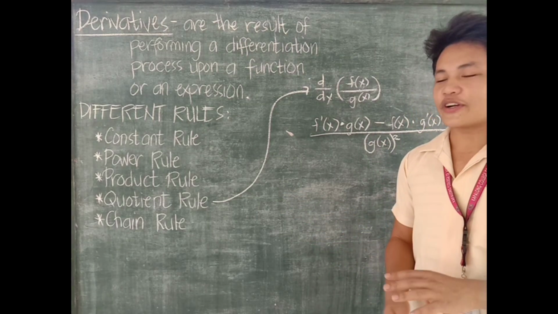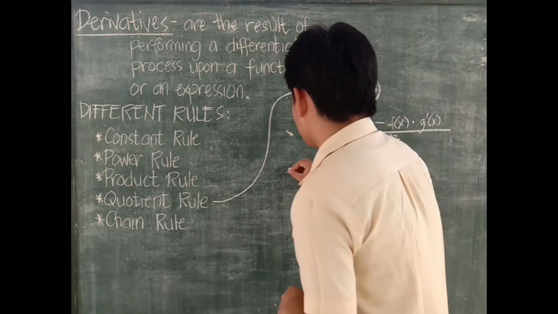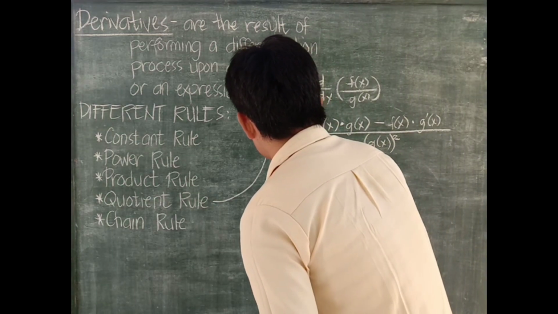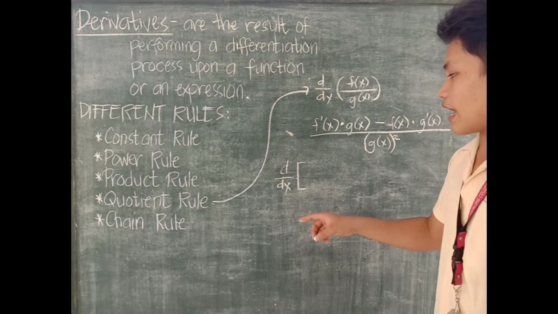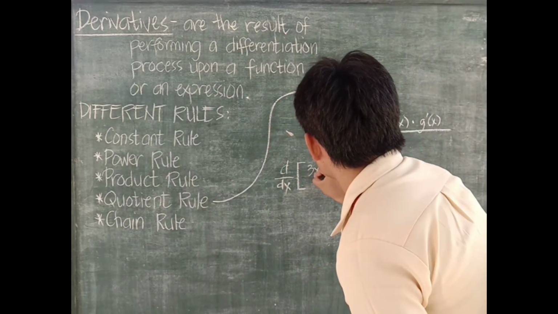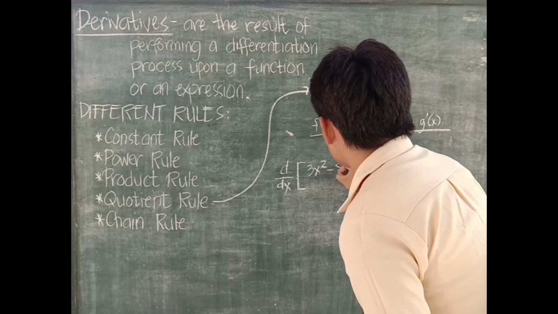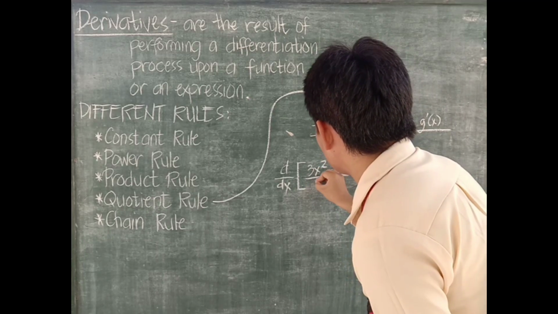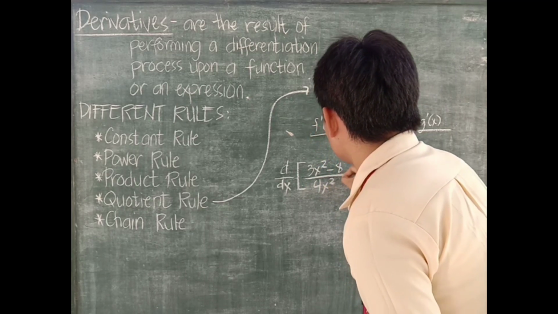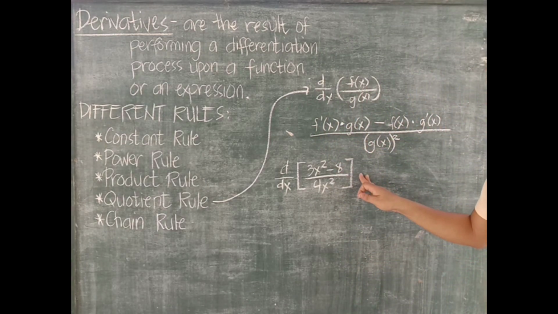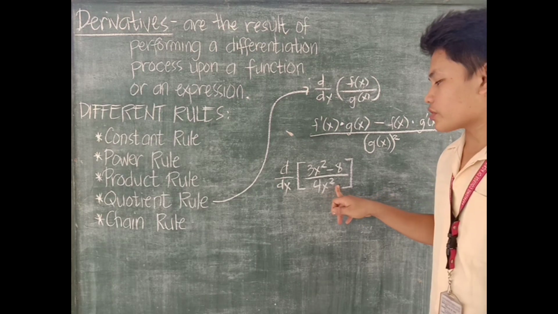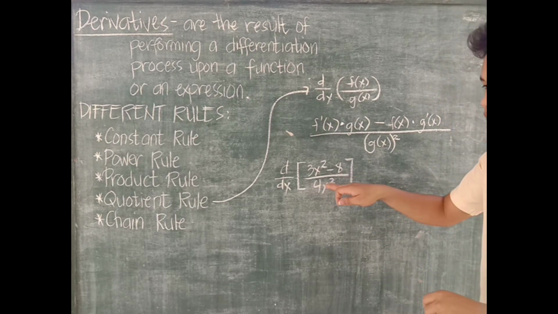Okay, let's take for example this worked example. The derivative with respect to x of 3x squared minus 8 divided by 4x squared. So, to find the derivative of these two functions using the quotient rule, we first need to find f of x.